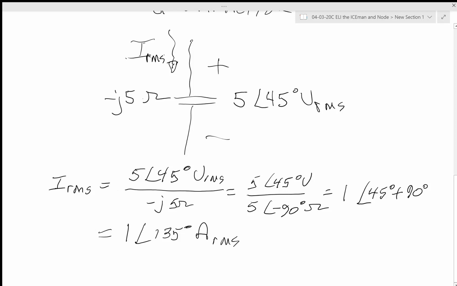So if I look at that, 135 degrees leads 45 degrees by 90 degrees. Right? And that's what ELI the ICEman said: the angle of the current has to be 90 degrees bigger than the angle of the voltage when you're looking at voltage and current across the capacitor. And it's all because of the value of the capacitor. Okay. So that looks good.